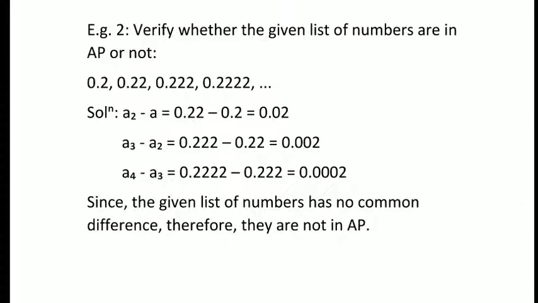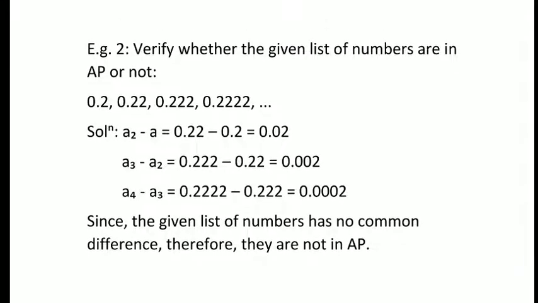Viewers, I think you understood. So this list of numbers has no common difference. The second term minus first term is 0.02, third term minus second term is 0.002, and fourth term minus third term is 0.0002. Every time we get a different figure, so we cannot have a common difference for the given list of numbers.